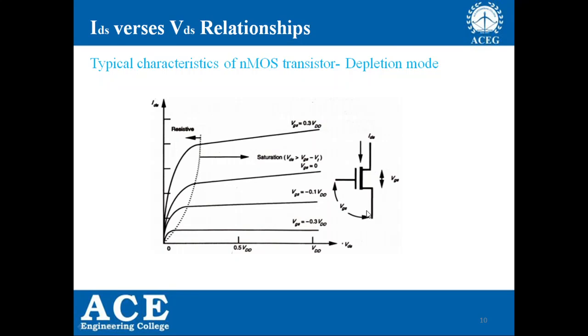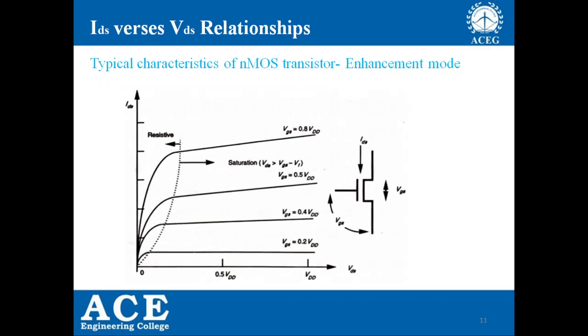Okay. And let us observe the same characteristics for an enhancement type transistor also. So if we observe the characteristics for the enhancement type transistor, VDS is taken on the x axis and IDS on the y axis. As this enhancement type transistor has a threshold voltage, at VGS equal to 0.2 VDD the current is going to start.